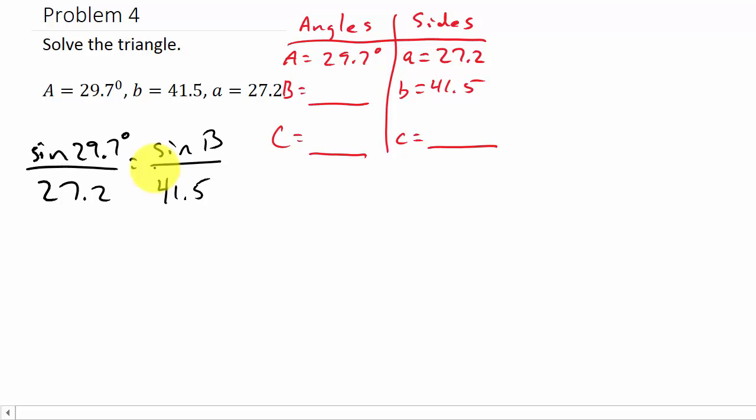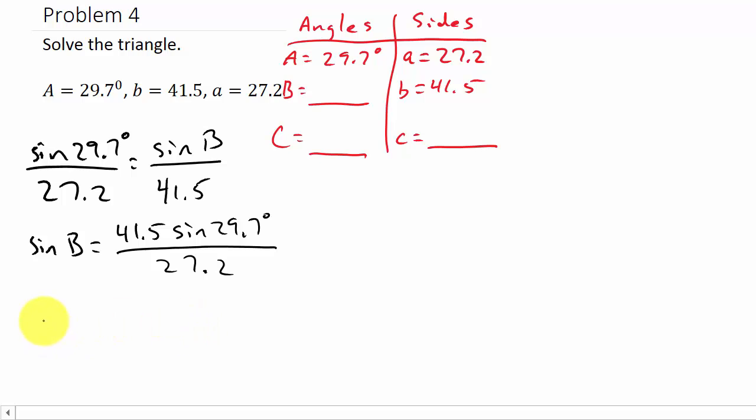If I solve for sine B, I get sine B is equal to 41.5 times the sine of 29.7 over 27.2.